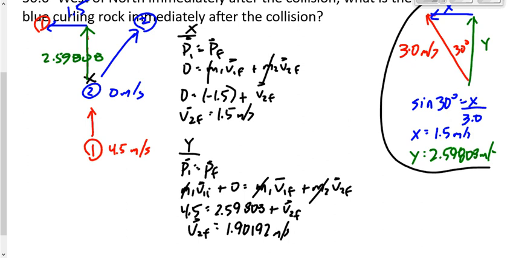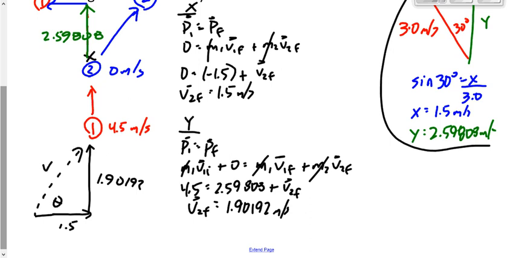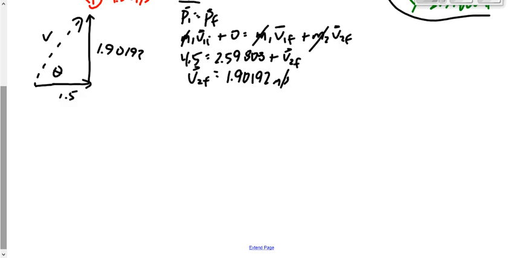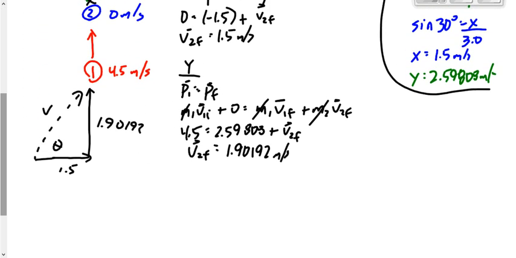This is the part where Physics 20 students could solve the rest of this. Just say 1.5, 1.90192. Solve for V using the Pythagorean theorem, and solve for theta.